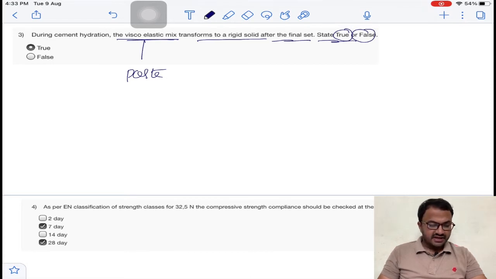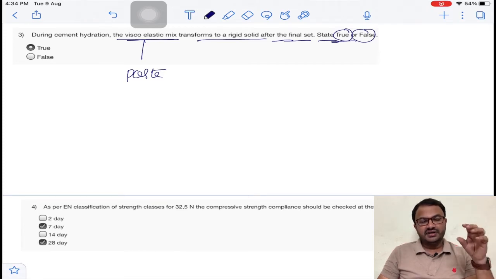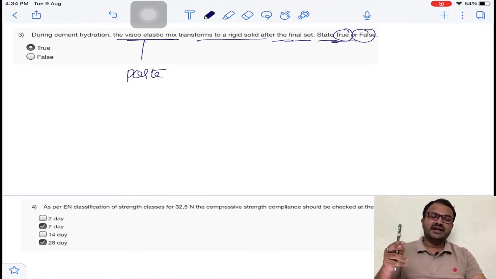Obviously, immediately after mixing raw materials and water, it will form a paste material. After that, it will get converted into a rigid solid, and again it is ground into powder form like cement. Okay, so this is a true statement.